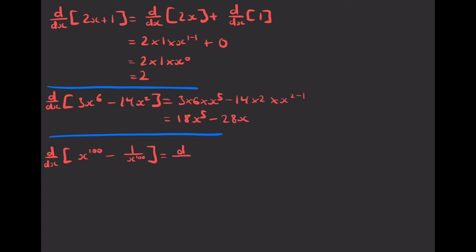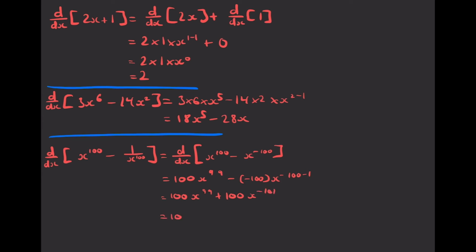So this will be equal to the derivative of x to the power of 100 minus x to the power of negative 100, which will equal 100 x to the power of 99 minus negative 100 times x to the power of negative 100 minus 1, which will be equal to 100 x to the power of 99 plus, because the two minuses become a plus, 100 x to the power of negative 101.